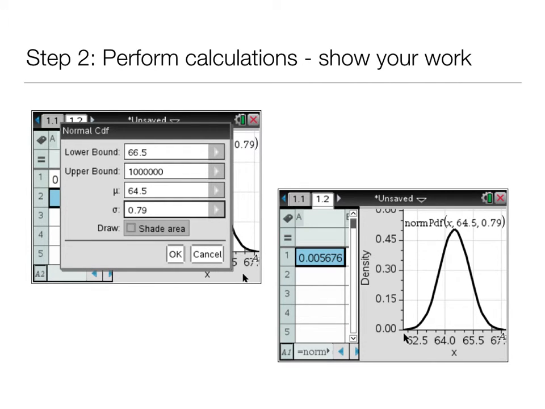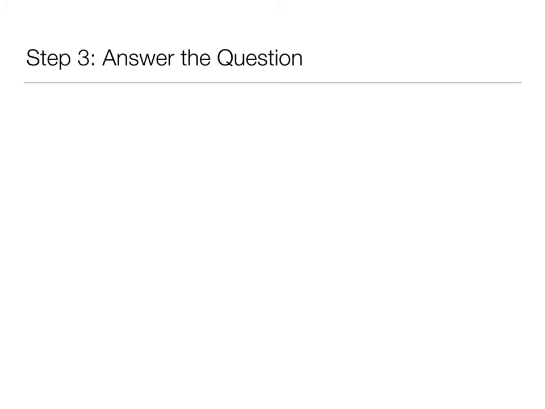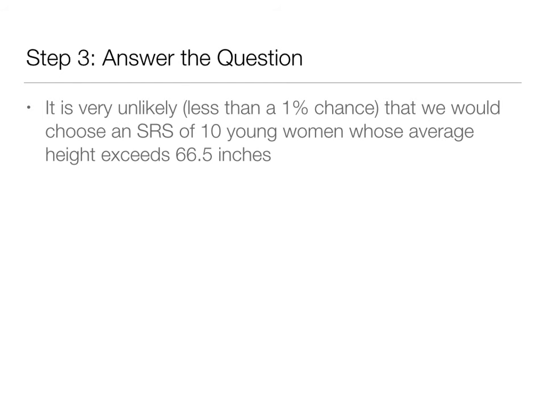Again, that gives us this really, really tiny number, 0.005676. Again, that chart right there is all the information you would need to show. So answer the question: it is very unlikely, less than a 1% chance, that we would choose an SRS of 10 young women whose average height exceeds 66.5 inches.